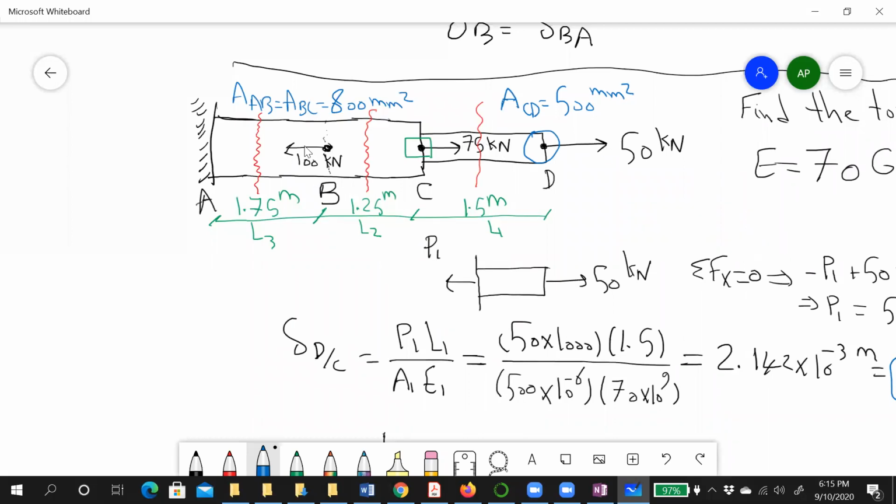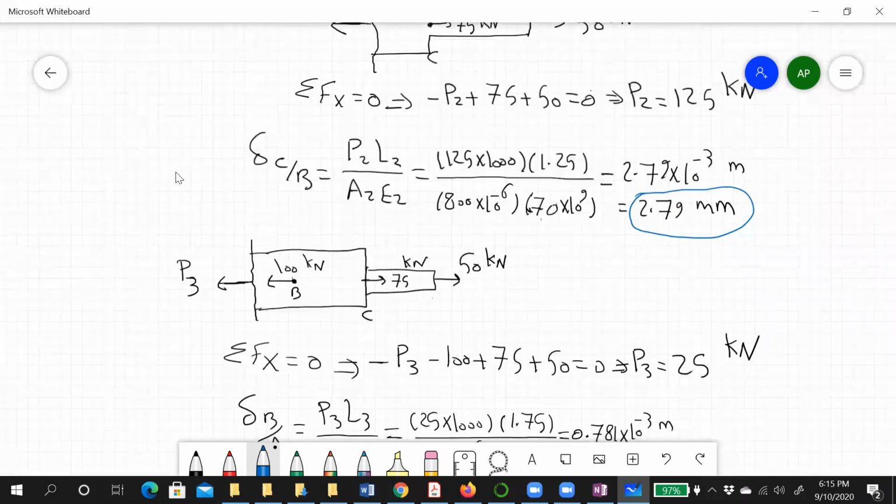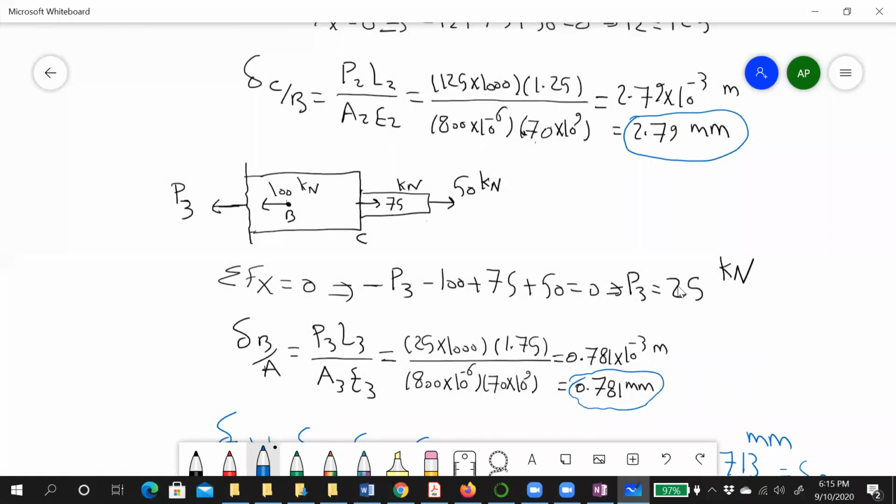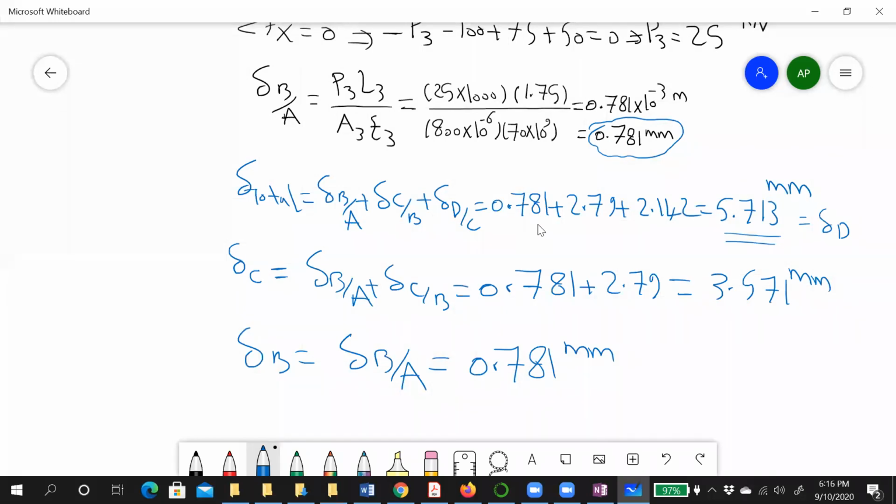And then here in this segment, we have the force in the opposite direction, which means it cancels a large amount of this force, so the force would be just 25, right? Then in this segment we find only 25 because of this reason: 50, 75, and 100 in the opposite direction. So the total force here will be 25, and because of that we have a small amount of elongation in the third segment, right? That's the reason you can see.